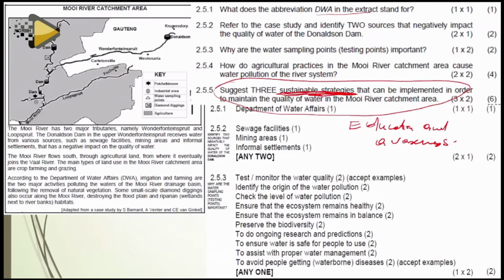If it's a sustainable strategy to reduce urban heat island, it is education and awareness. If it's a strategy to keep the rivers clean, it is education and awareness. If it's a strategy to reduce the impacts of tropical cyclone, it is education and awareness. If it is a strategy to reduce the impacts of mid-latitude cyclone, it is education and awareness.